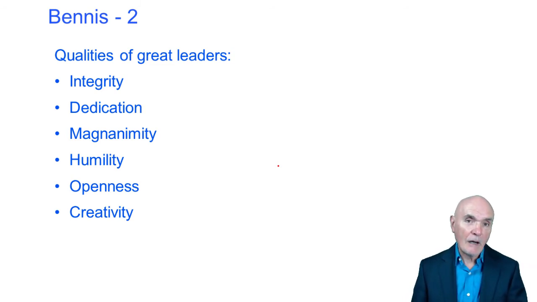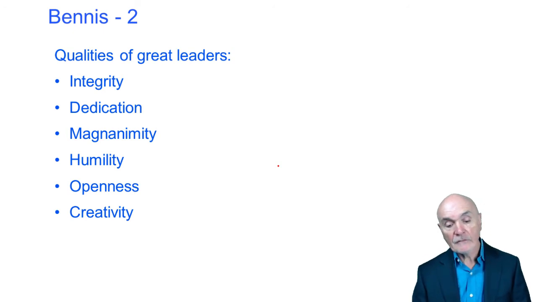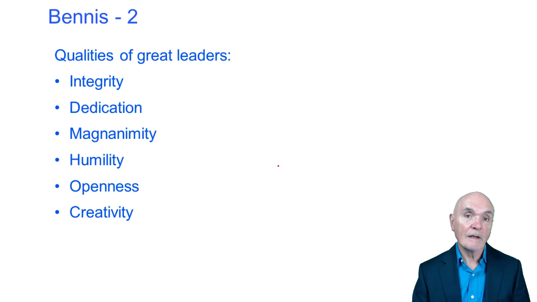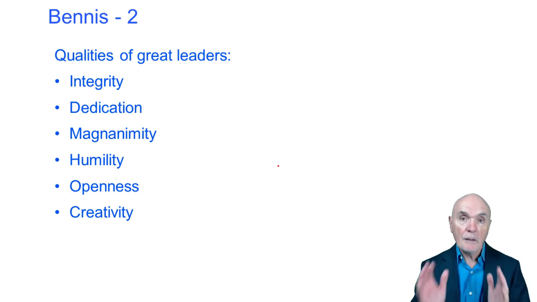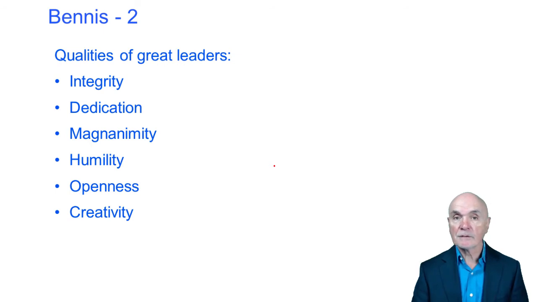Don't lead them on, if you like, by telling half-truths. And finally, creativity. A problem comes up. The good leader will try to find a good solution to this, will not be bound by previous solutions, and will have a creative mindset to try to solve any problems.